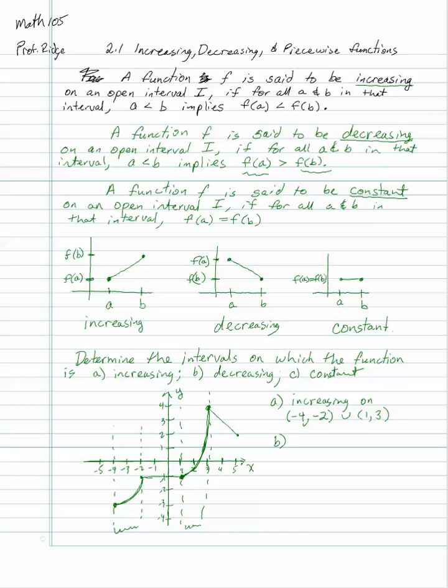Okay, B, it's decreasing on, so decreasing, that's going down as you move left to right. So this part right here would be going down from 3 to 5.